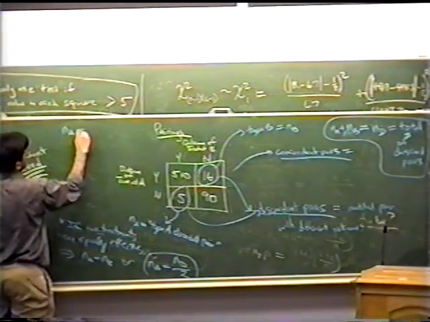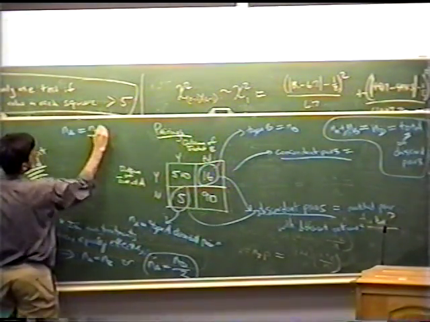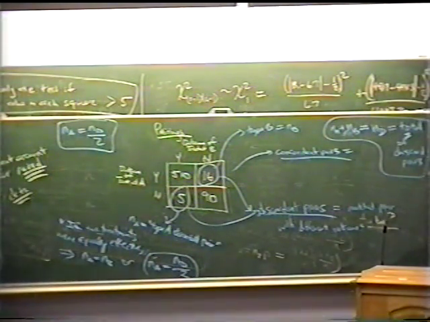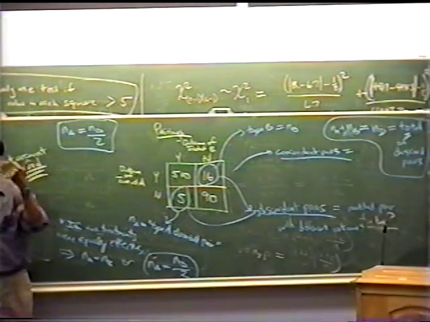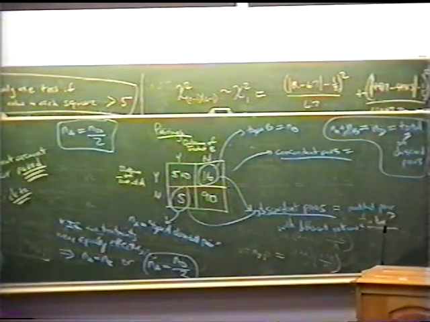N sub A should equal half of the total, right? If the two treatments are equal. And so the question is, this difference, 5 and 16, is that significantly different? So how do we do that test?